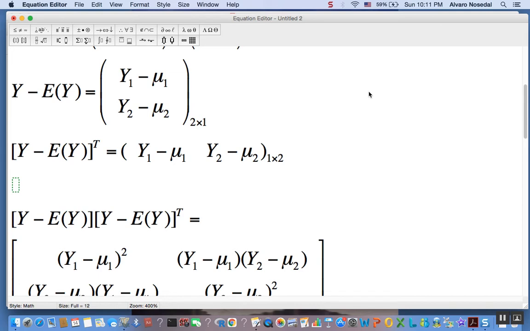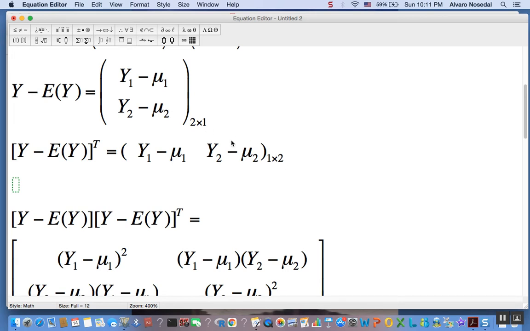Now, note that if we compute this product, y minus expected value of y times y minus the expected value of y transpose, this is 2 by 1 and this is 1 by 2. So we can compute the matrix product, right?